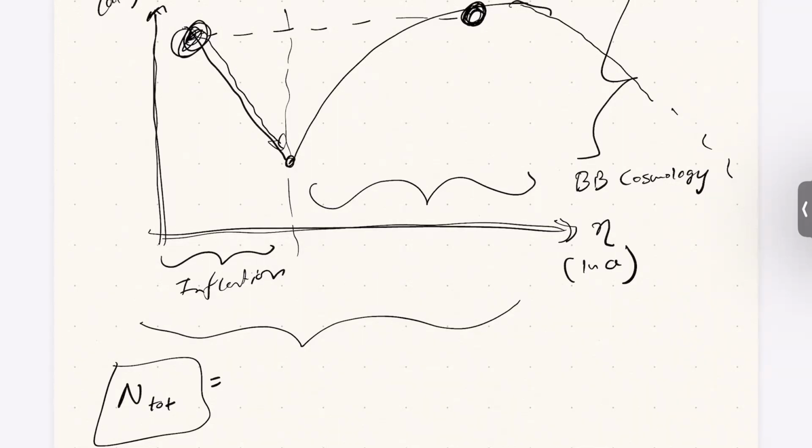Does that make sense? So if I find a ratio of the initial Hubble radius at the beginning of inflation and the Hubble radius at the end of inflation, I should be able to tell you how long it took for this to happen, right?